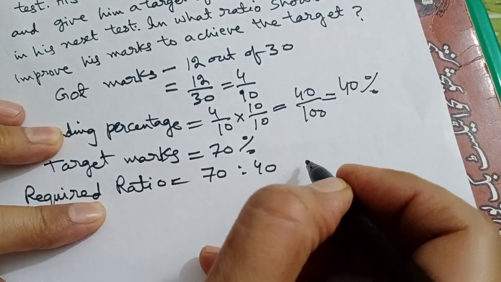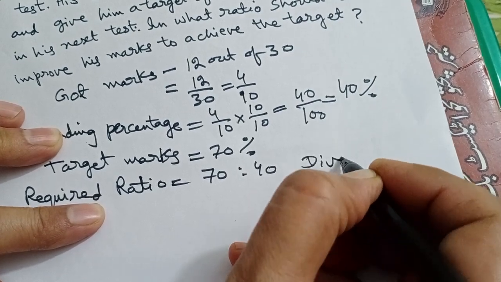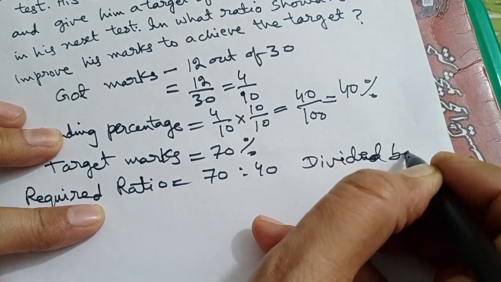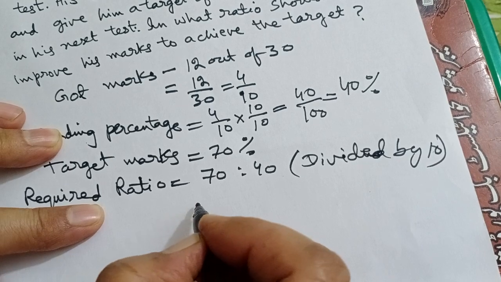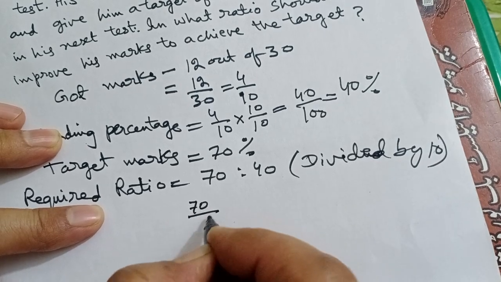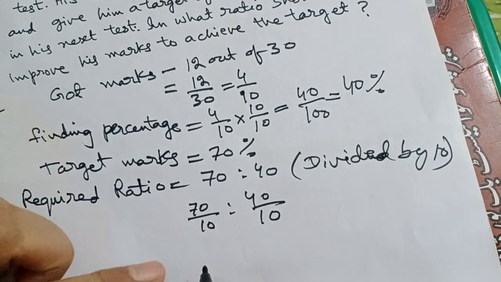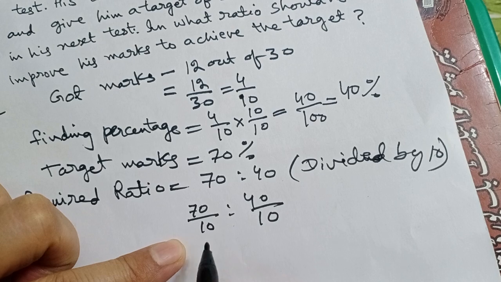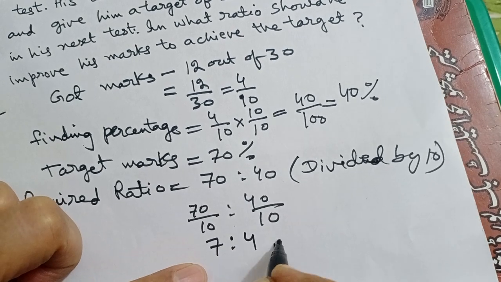We divide this ratio by 10, so 70 divided by 10 and 40 divided by 10. We cancel 0 on both sides, up and down. We get 7 ratio 4. This is our answer.